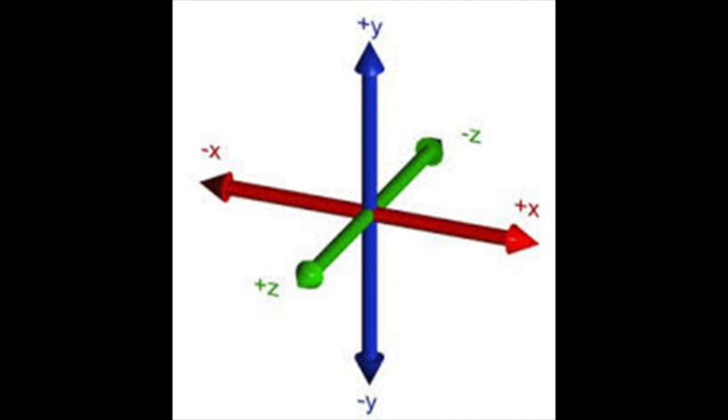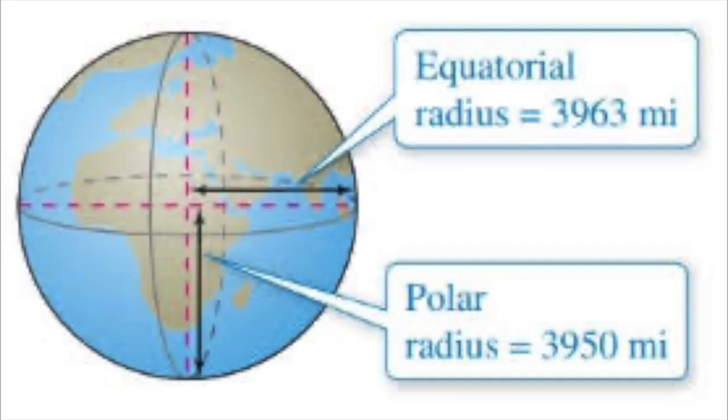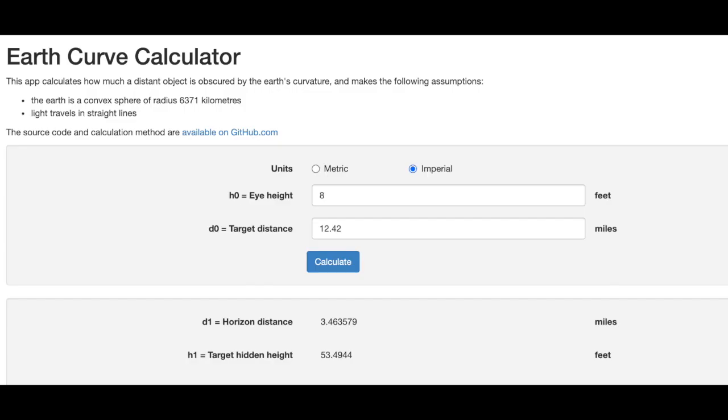So we're going to look out in this example to some islands, and you're going to see that according to the calculations based off a globe Earth with around about a 4,000 mile radius, we can see something that we just shouldn't be able to see.